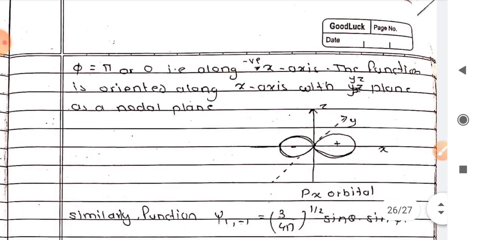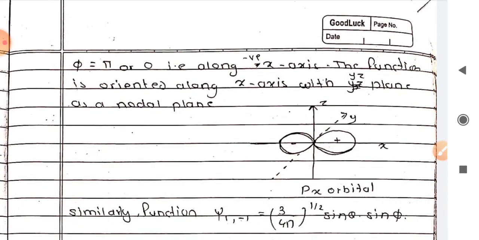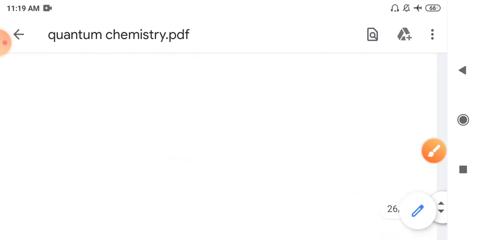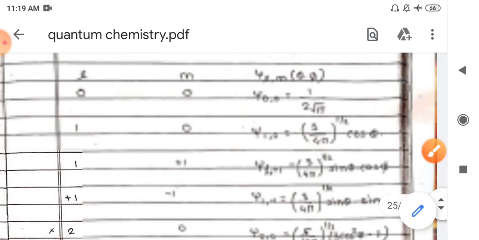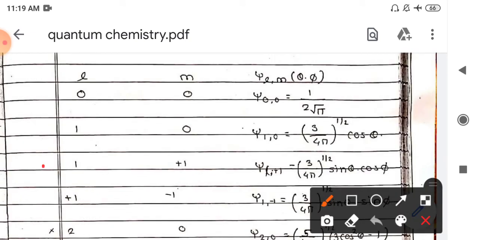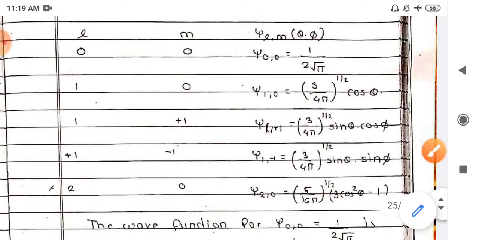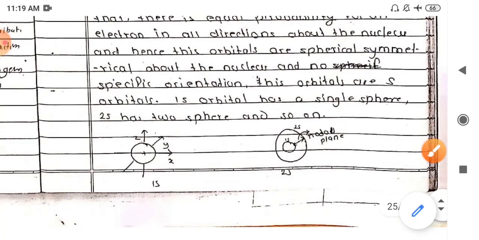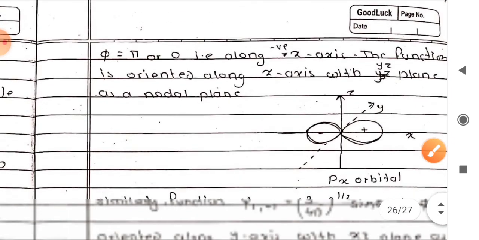Similarly, we can have the shapes of the px as well as py orbitals. We can explain them based upon the angles theta as well as phi, because the shapes of px and py orbitals depend upon both angles, theta and phi. So we have to consider both conditions.